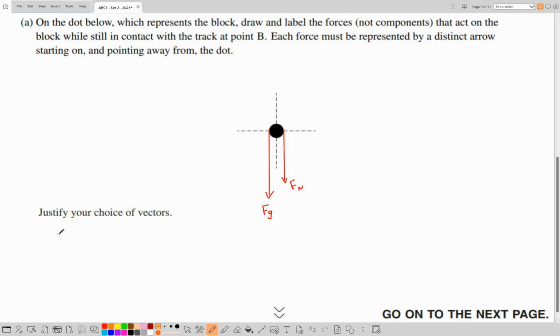Now let me justify our reasoning. What about the pull of gravity Fg? Why is it like that? We might say that the pull of gravity always points downward.